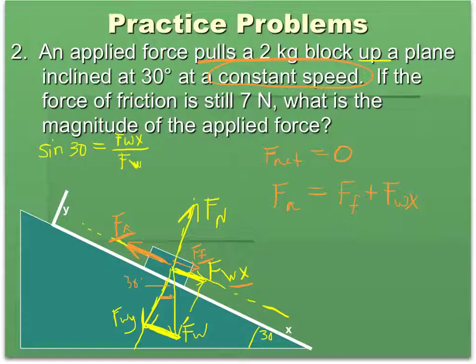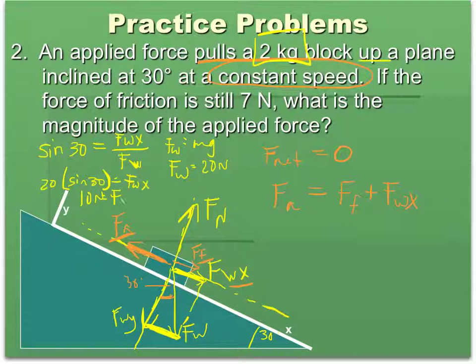Okay. Now we know Fw is equal to mg, and it's a 2 kilogram block again, so 2 times 10 is going to give us 20 newtons for my Fw. So when I rearrange this to solve for Fwx, I have 20 times the sine of 30, which is equal to Fwx, or 20 times 1/2, which is 10 newtons, okay, which is my Fwx.